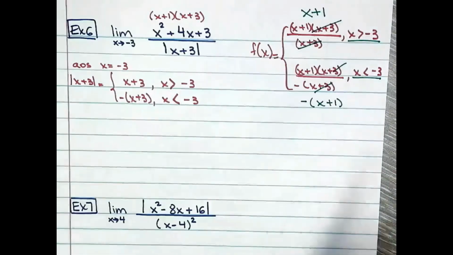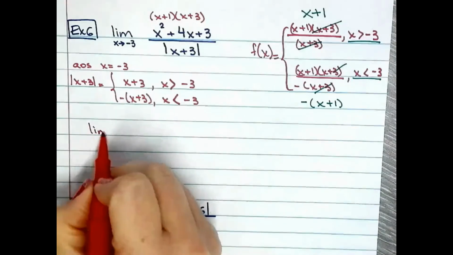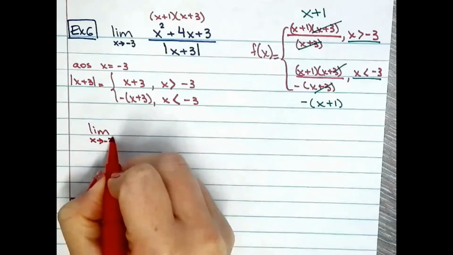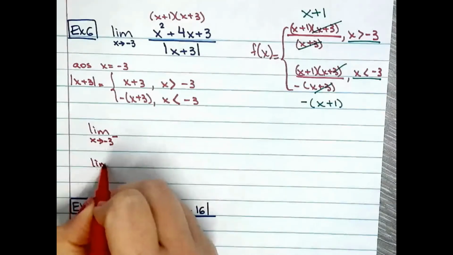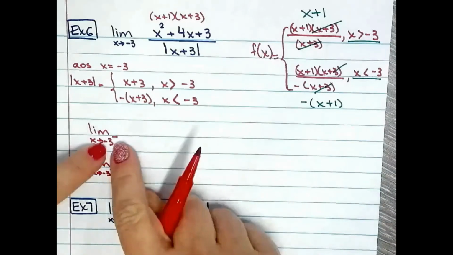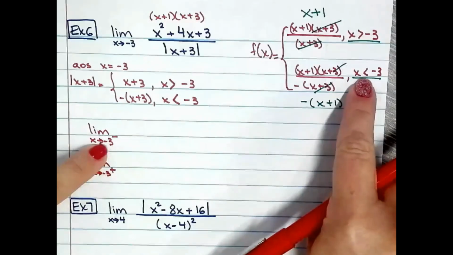Okay, so again, another two-sided limit. So that means I need to find the limit as x approaches negative 3 from the left, and the limit as x approaches negative 3 from the right. So approaching from the left, I use that one.